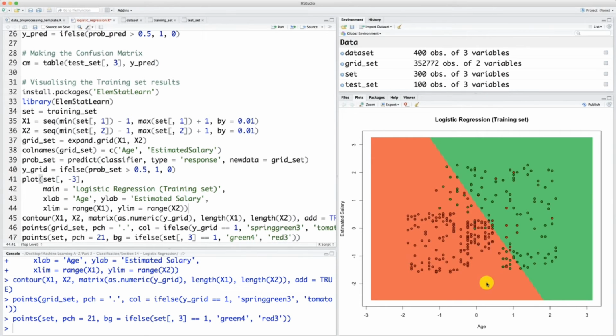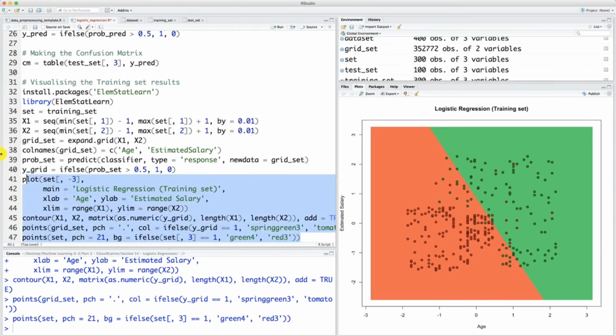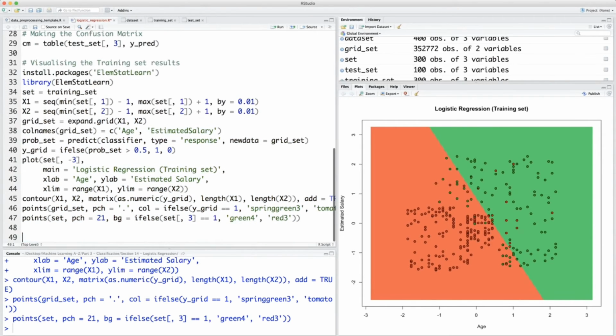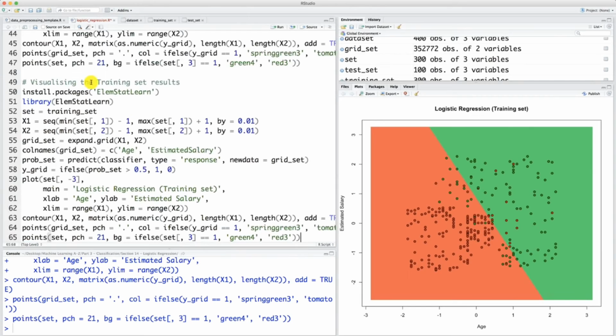So hold on. It's very simple. We're just going to copy all this code section here, paste it here, and I'm just going to change the training set here to test set. Same here, I changed training set to test set, and that's all.